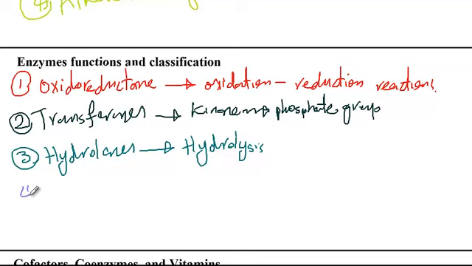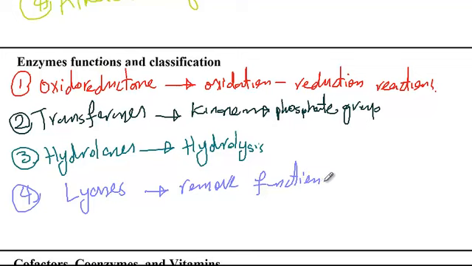Number 4, we have lyases, which will remove functional groups. You know how transferases were adding functional groups, so here lyases will remove functional groups. One example is the decarboxylase enzyme, which will remove the carboxyl group.